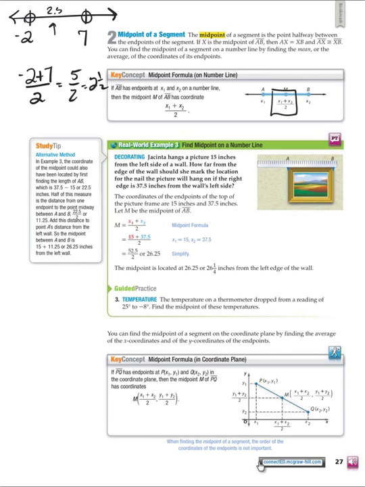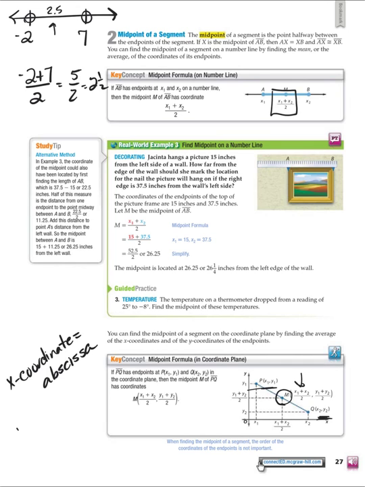If we want to know the coordinate of a point that's between two other points, to find the coordinate of the x, which is called the abscissa, or the x-coordinate, then we just average together the two x's of the endpoints.